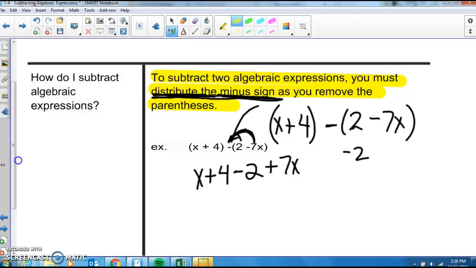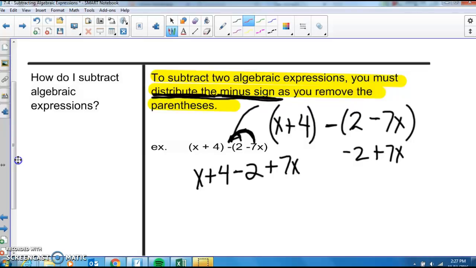That minus 7x becomes a positive, or plus, 7x. So it's very simple. You just take the opposite of everything on the inside. You don't do it to just the first term, but to every term on the inside. So now that we have everything taken care of as far as distributing that minus sign, I'm going to go right back through my steps.